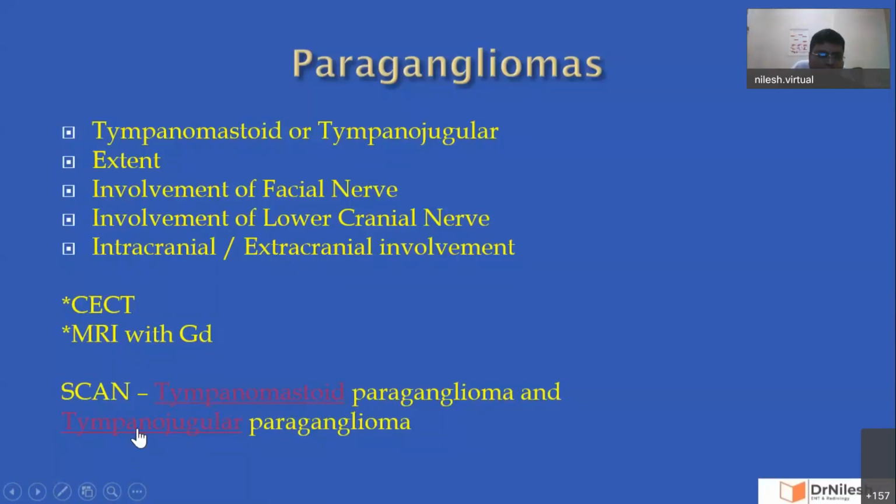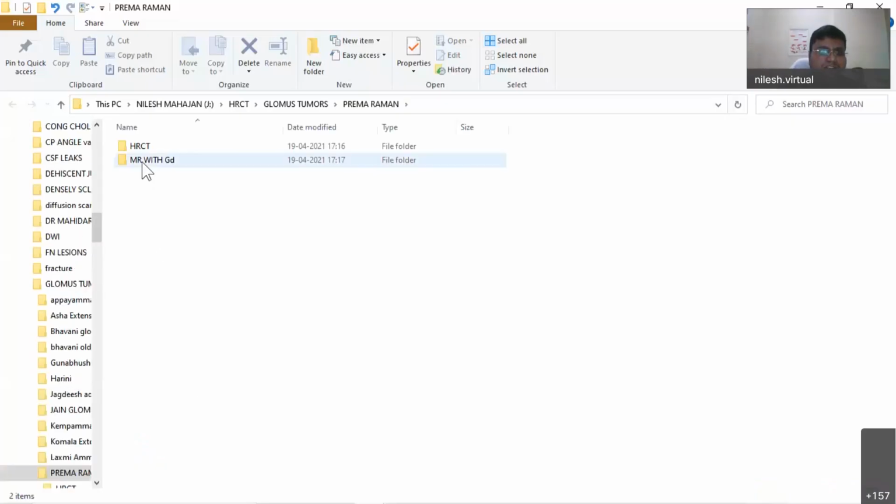So once you know that it is involving the jugular foramen, you can confirm it with either CT with contrast or best is MRI with gadolinium contrast. So you can actually see even the feeder vessels also.